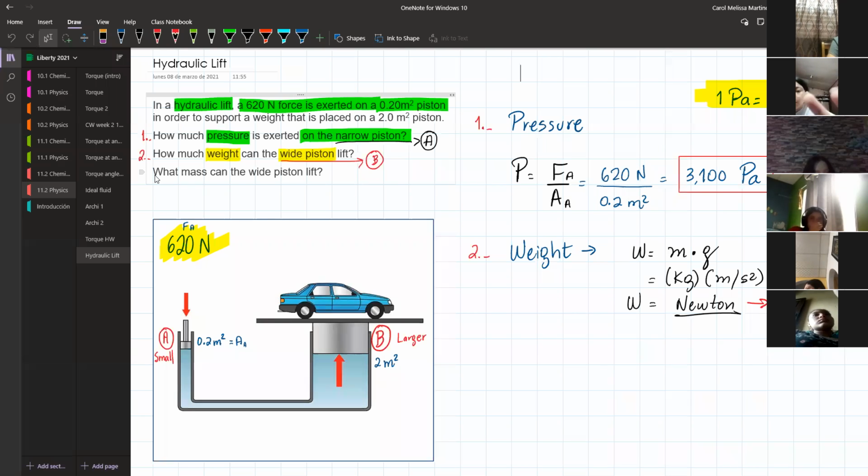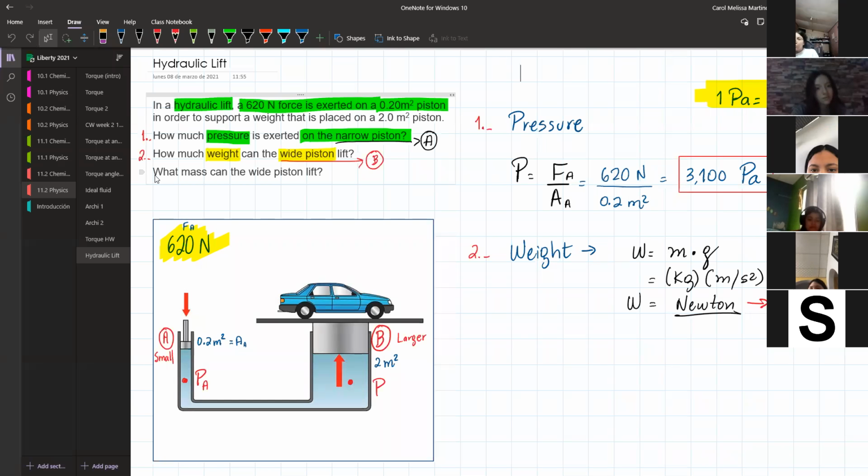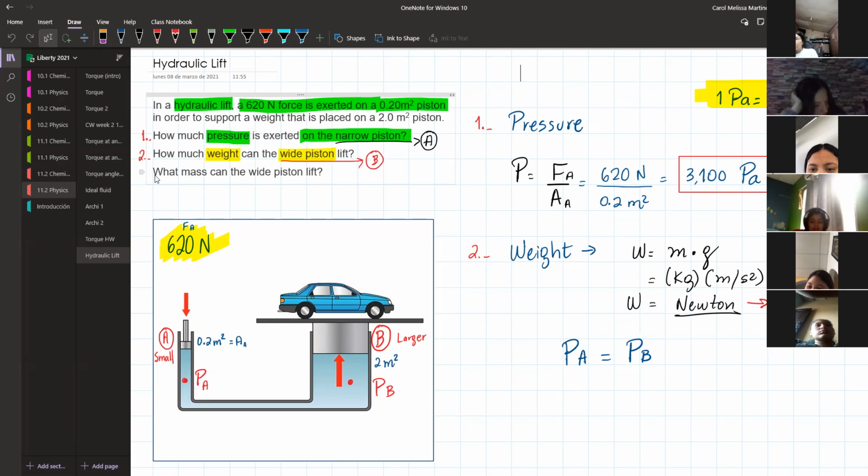In other words, the pressure in this point is going to be exactly the same as the pressure in the other point. So if I want to write this into an equation, the pressure in the point A is going to be the same pressure in the point B. What is the equation for pressure? Force divided by the area.